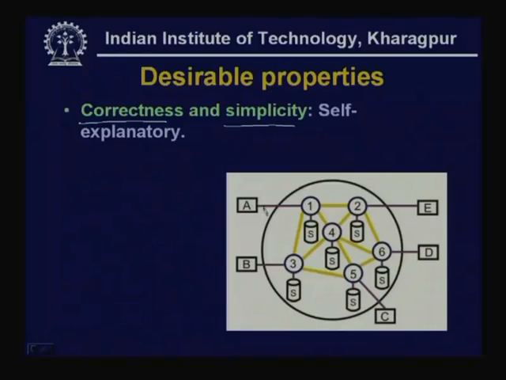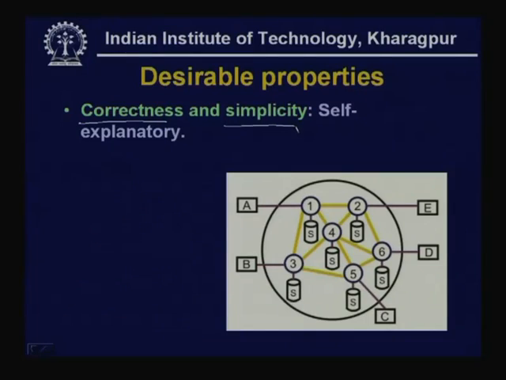If source is A and destination is D, it has to be delivered to the proper destination station. So, that is what is meant by correctness. By simplicity we mean the routing algorithm can be simple, or can be very complex depending on which one we are using. Now, if it is complex, then it will put a large overhead on the nodes. So, it is necessary to make the routing algorithm simple.